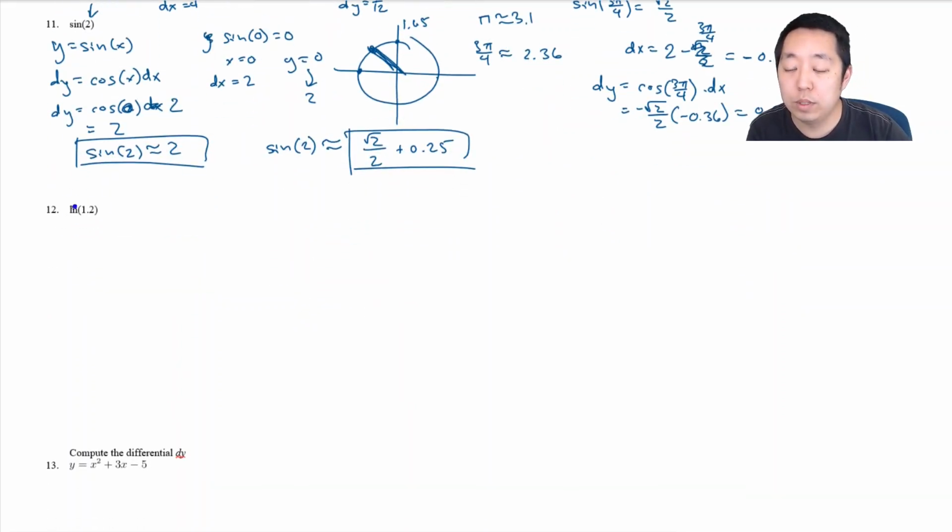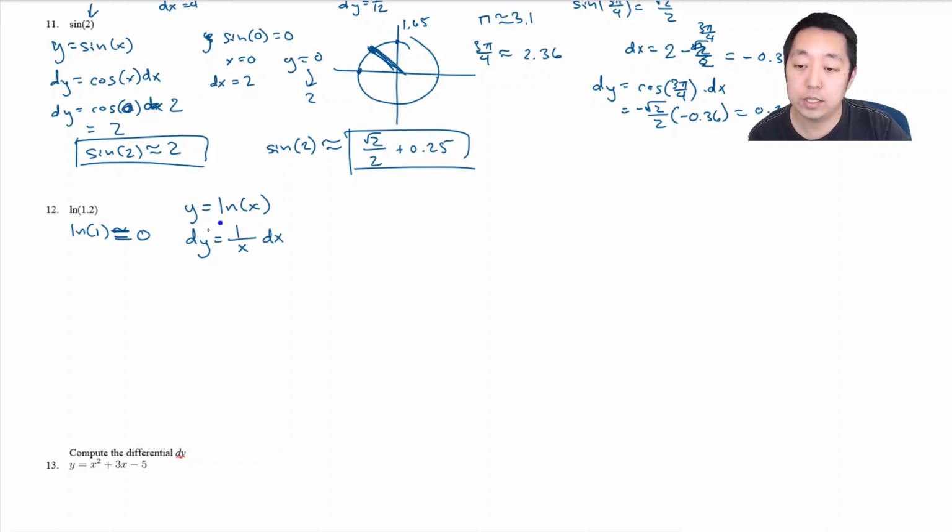How about ln of 1.2? Well, I know ln of 1 is equal to 0, not approximately. So I know my equation is y equals ln of x, and so my differential dy is equal to the derivative, 1 over x times dx. My x value is going to go from 1 to 1.2, so my dx is equal to 0.2, because that's what I add to 1 to get to 1.2.